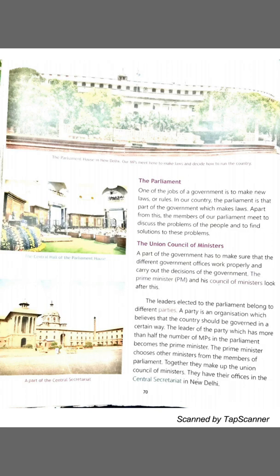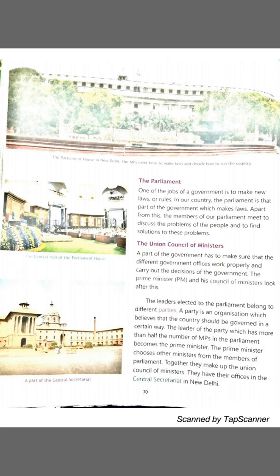The leaders elected to the parliament belong to different parties. A party is an organization which believes that the country should be governed in a proper way. And the leader of the party which has more than half the number of MPs in the parliament becomes the Prime Minister of the country.